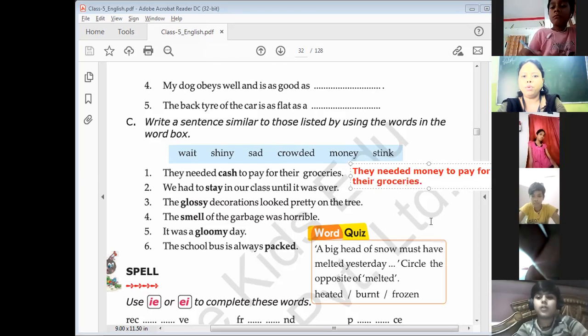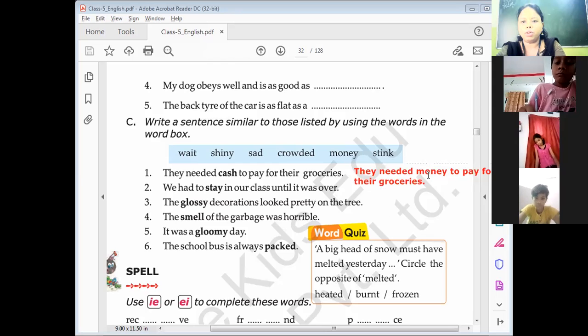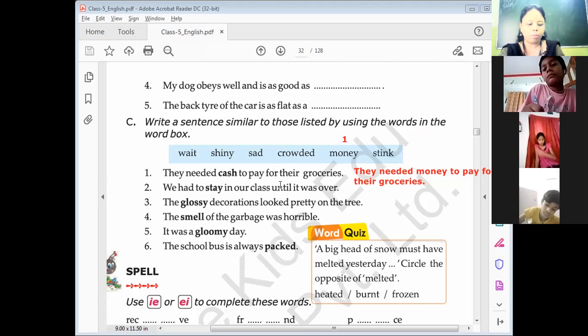You have to write like this, using this word. Okay. So I will write the numbers for these words. I hope you all can make sentences using these words. आप सब बना सकते हैं ना? You have to complete this exercise in your notebook. अपनी notebook में करना है.